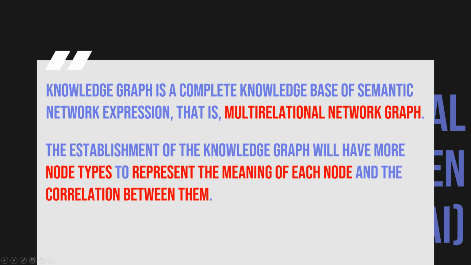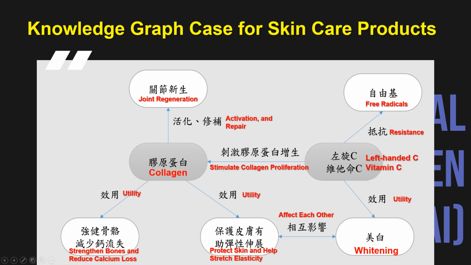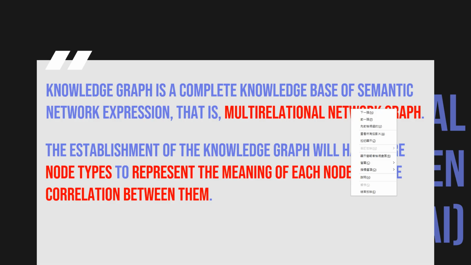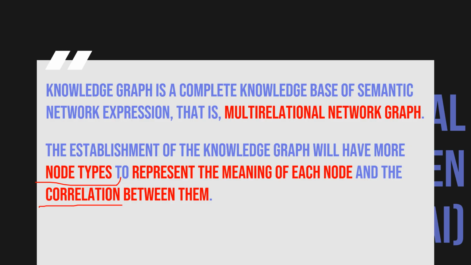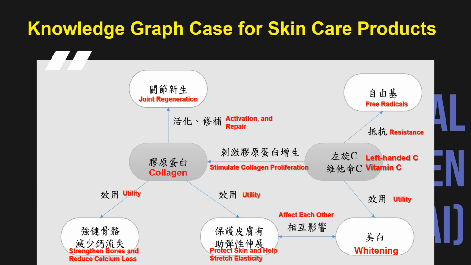The establishment of a knowledge graph will have node types to represent the meaning of each node and the correlation. You learn the correlation in stats, right? It's a double arrow between them.